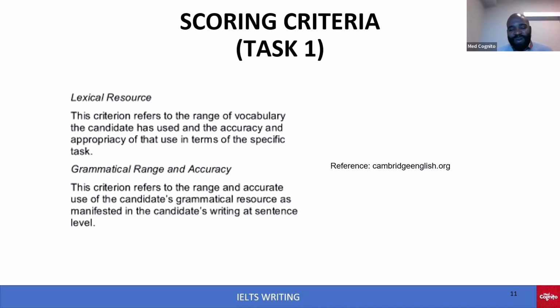You'd have to use a number of tenses, and they would have to be right, whether present or past. Whatever tense is used in there will have to be used appropriately. And so these are the criteria that are looked at when writing task 1 for IELTS academic is being evaluated.